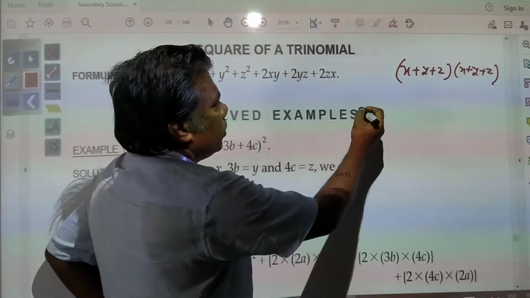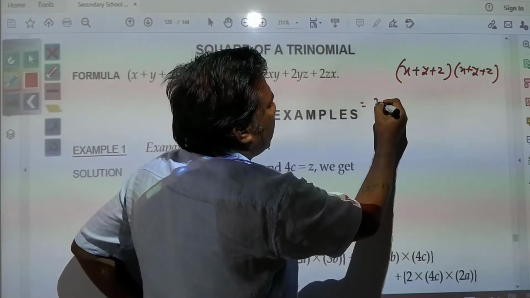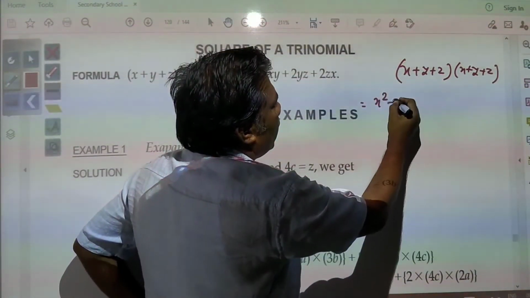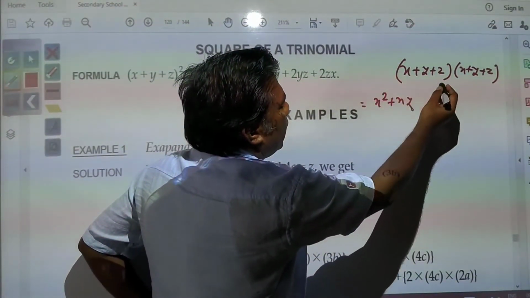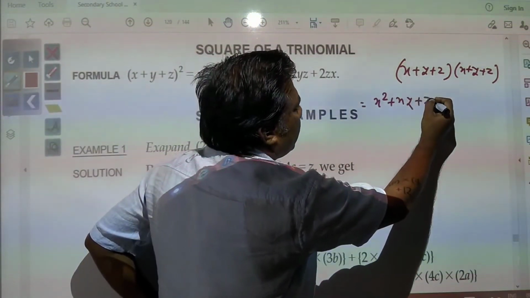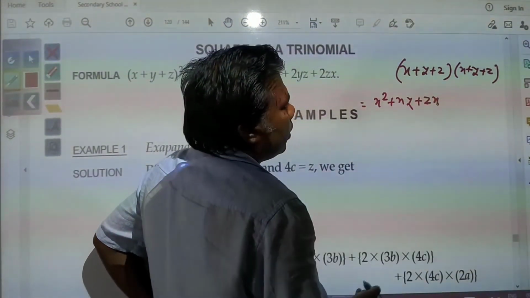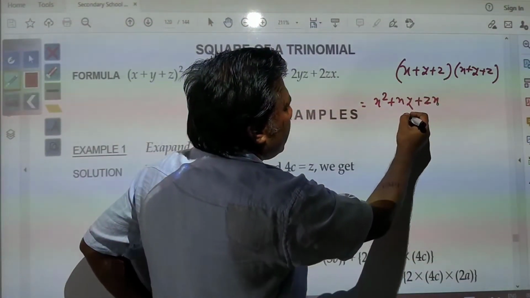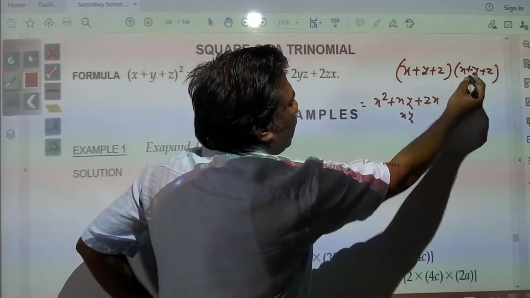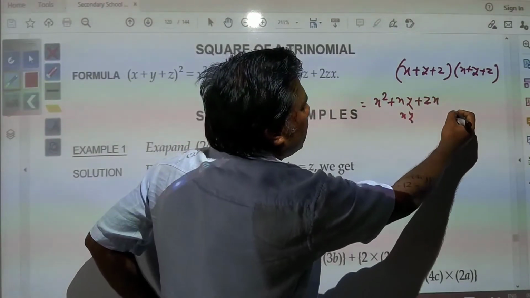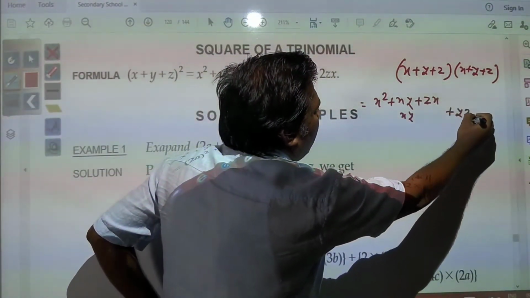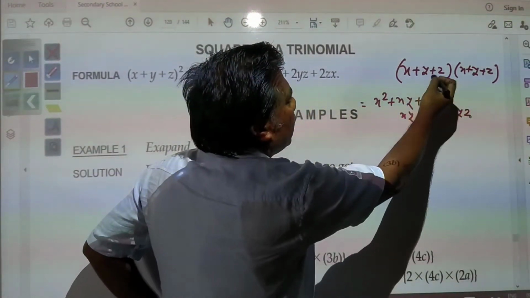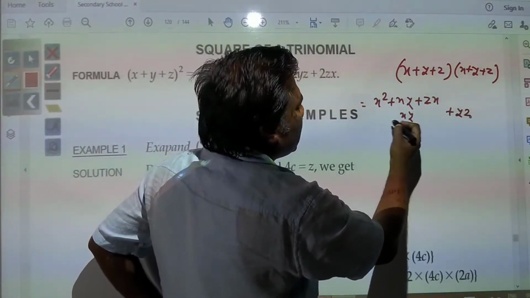You can check it: x into x is x square, x into y is xy, x into z is xz or zx, whatever you write. Then multiplying by y, you get xy, then yz or zy, and y square.